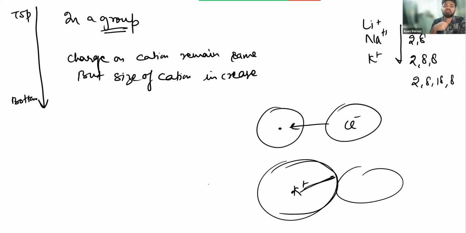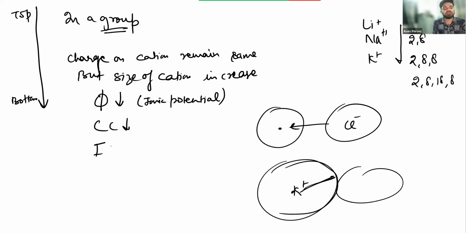The opposite of covalent is ionic, so there will be more ionic character. So there will be less ionic potential, and if there is less ionic potential, there will be less covalent character and more ionic character.